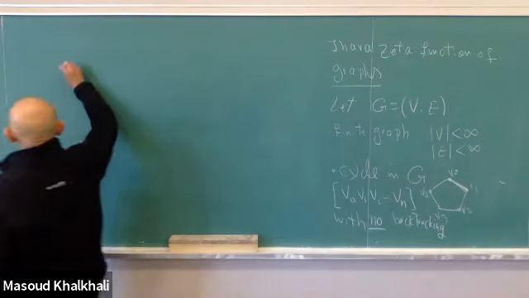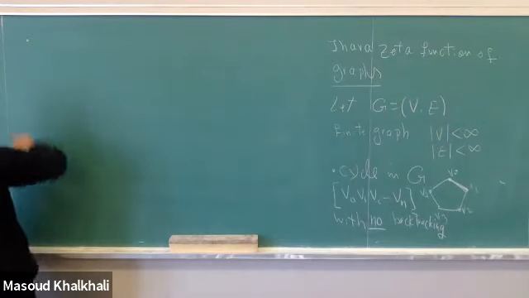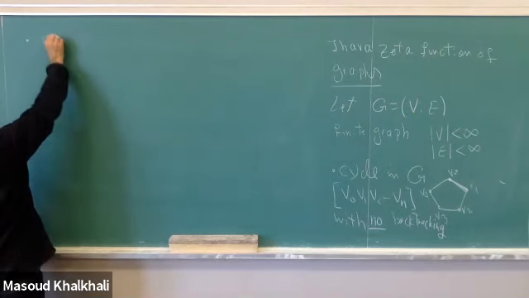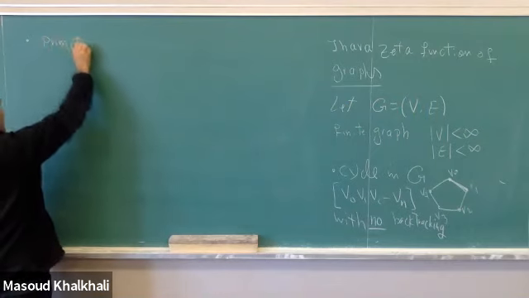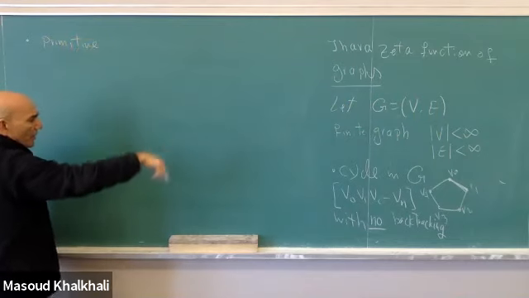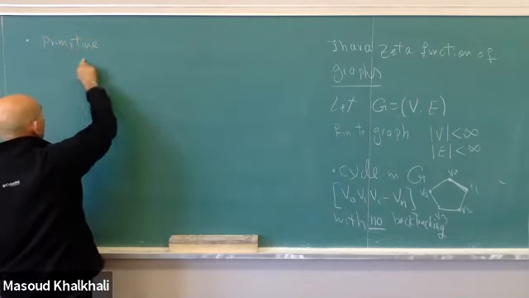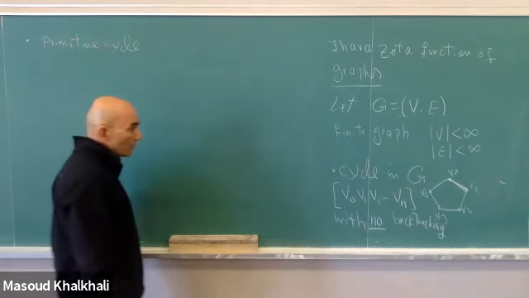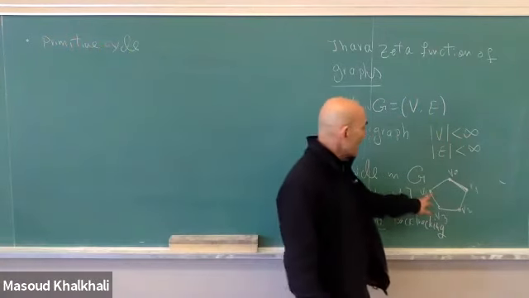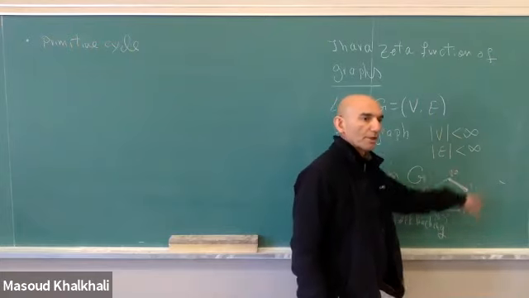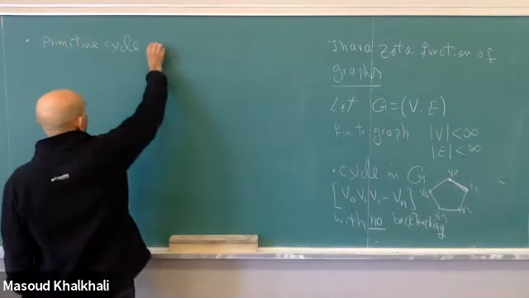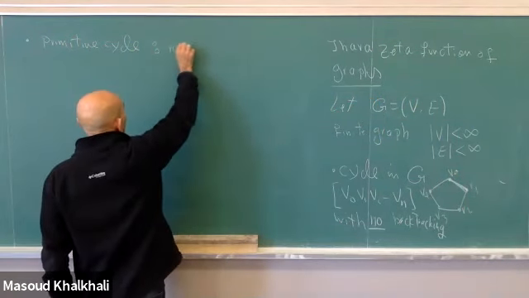So okay. Now the second thing is a primitive cycle. I define three concepts and you see what's going on. A primitive cycle is a cycle that's not a multiple of another cycle.